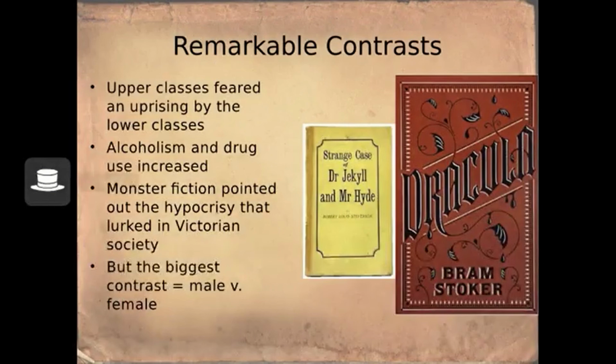So we read Dr. Jekyll and Mr. Hyde and you're like, oh, this is an interesting story. Understand what it's really doing. It's setting up the contrast between how rich people portrayed themselves and what was actually going on with rich people. They were destroying people's lives.